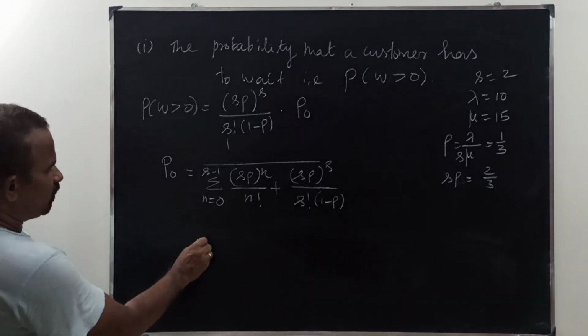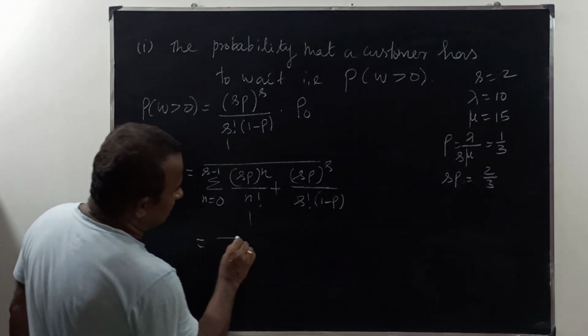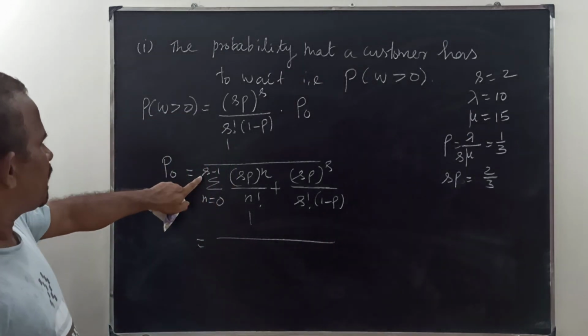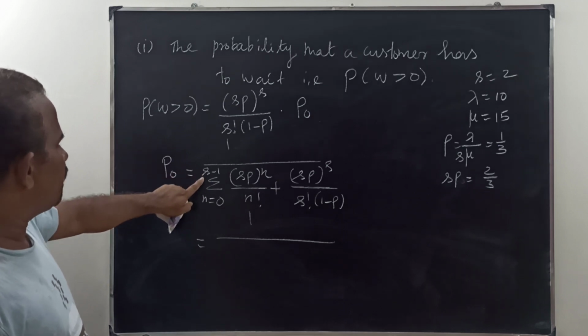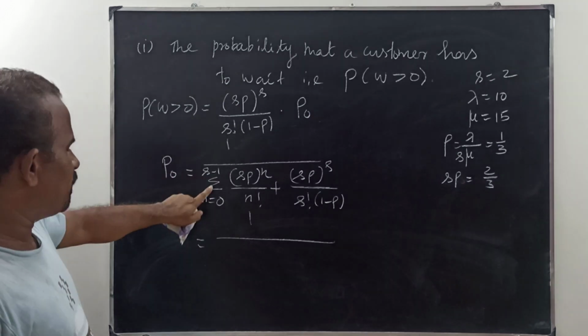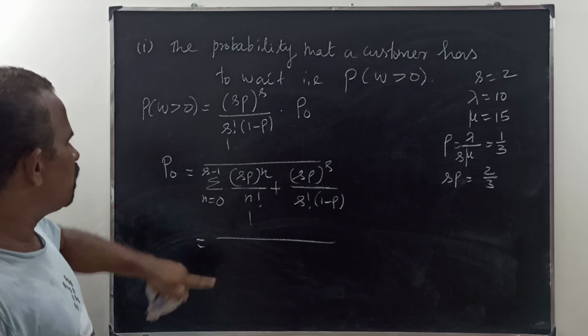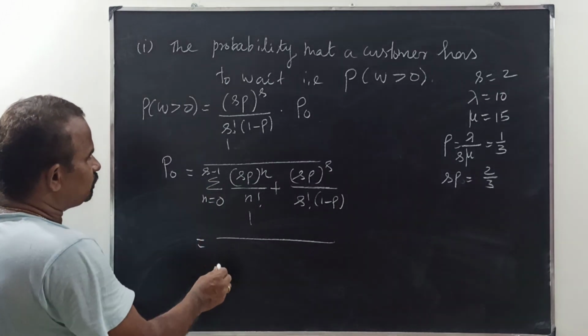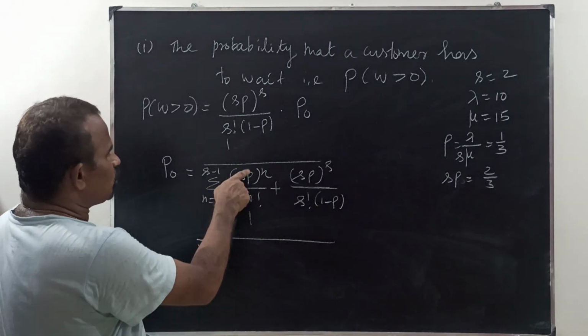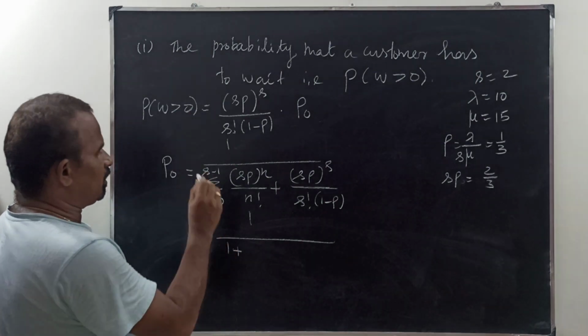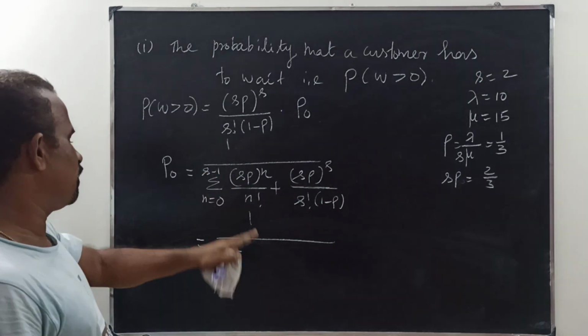First of all, we can find what P naught is. Here S is 2, therefore n varies from 0 to 1. For n equal to 0, the first term will be 1, because power 0, and 0 factorial is also 1.